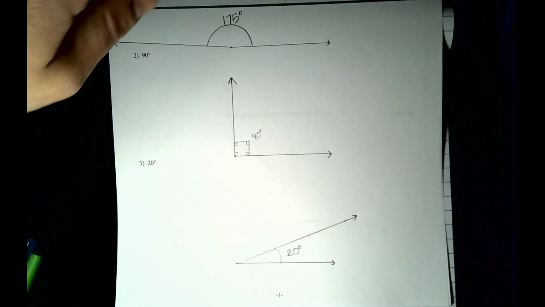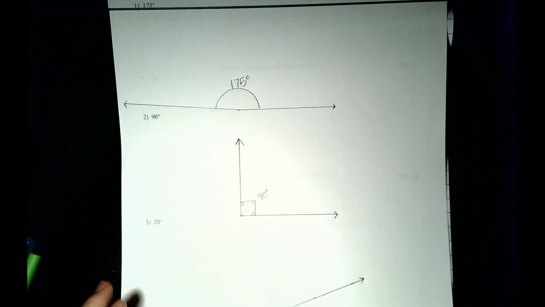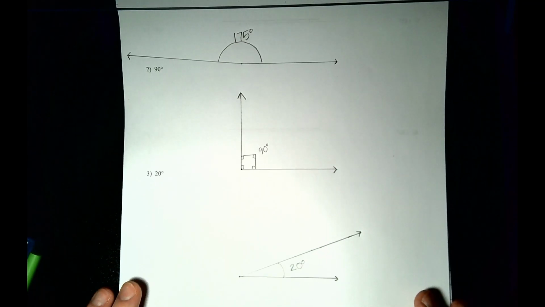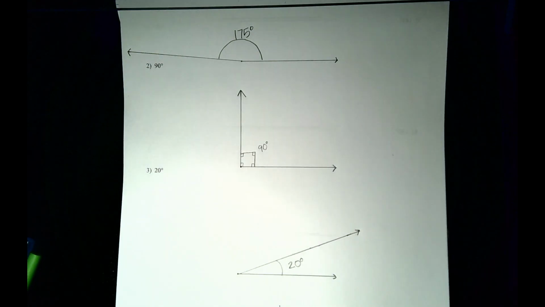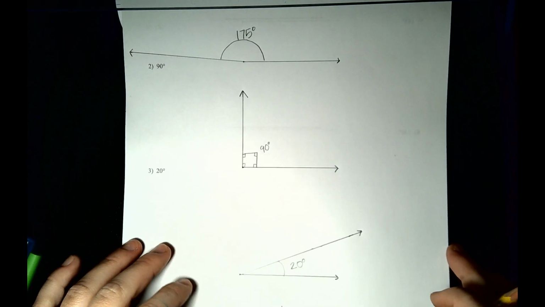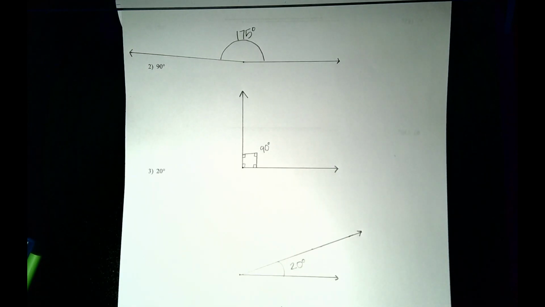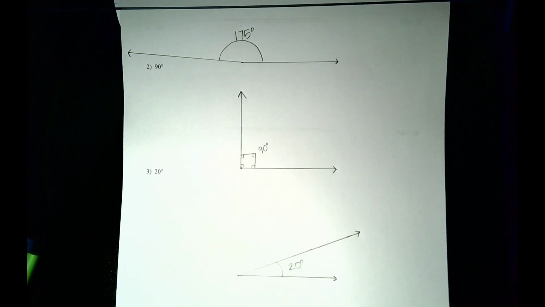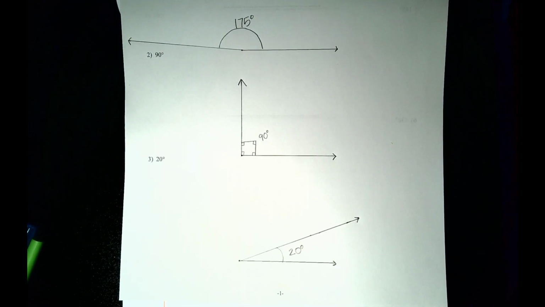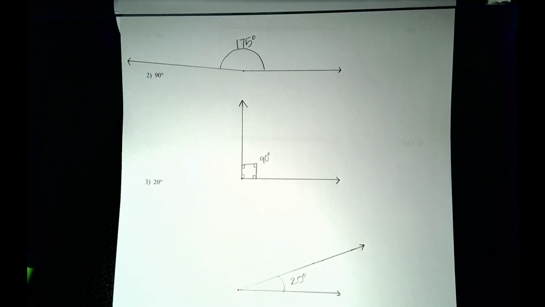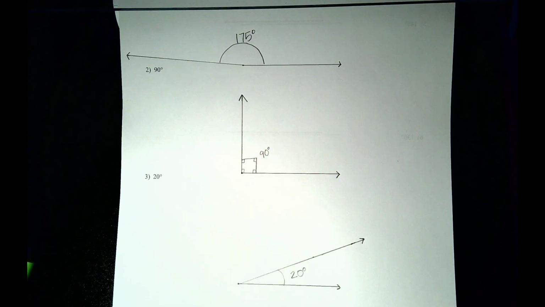Okay, so there are a few examples, numbers 1, 2, and 3. And I am going to set a little timer. I'll come around the room, see how we're doing. And I want you guys to draw as many more angles as you can on this worksheet. Don't feel like you have to finish them. This is just a good little practice exercise. But I'm going to come around and help if anyone needs it. I'll pause this for now, and then we'll come back together in a minute.